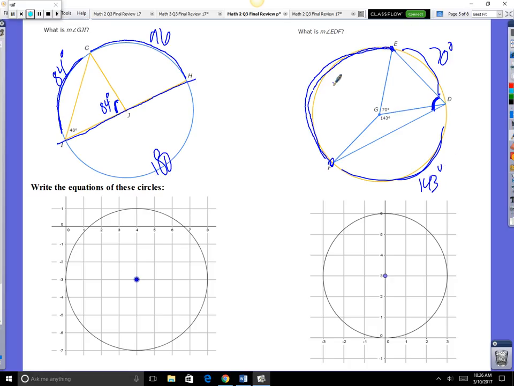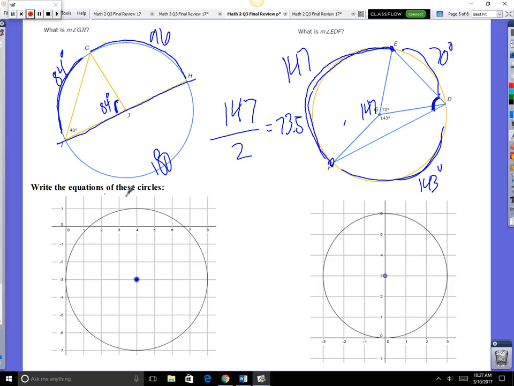So this arc has to be 360 minus 70 minus 143. So this has got to be 147. And the angle has to be 147 cut in half, which is odd, so it's going to be 73 and a half.